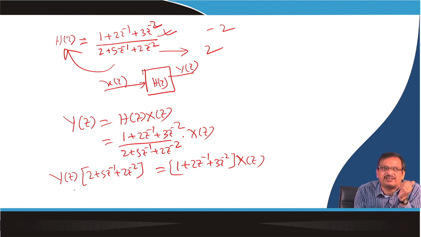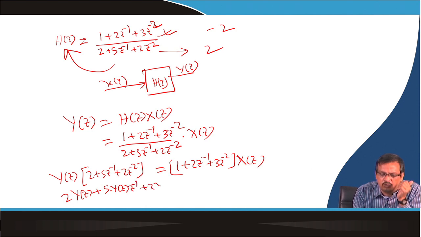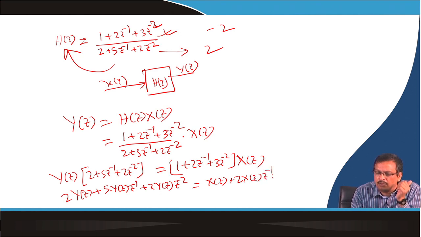Now if I do this, what is there? 2 into Y(z) plus 5 into Y(z)z^-1 plus 2 into Y(z)z^-2 is equal to X(z) plus 2 into X(z)z^-1 plus 3 into X(z)z^-2.